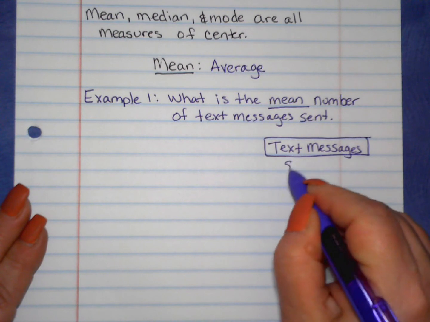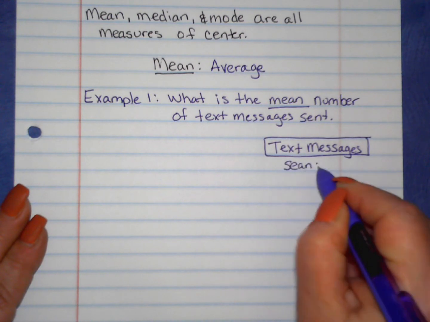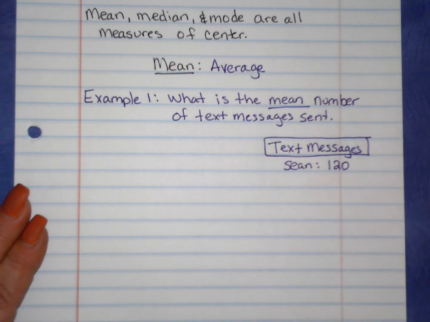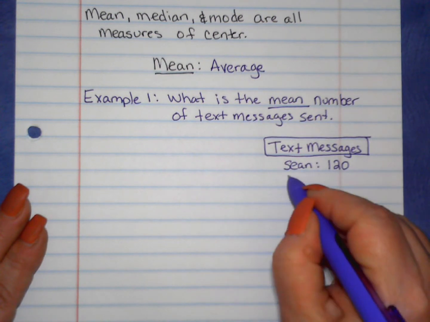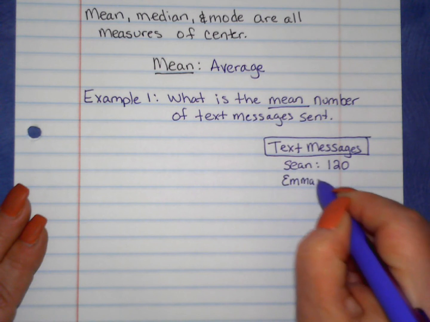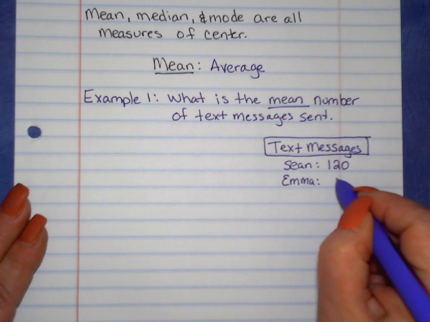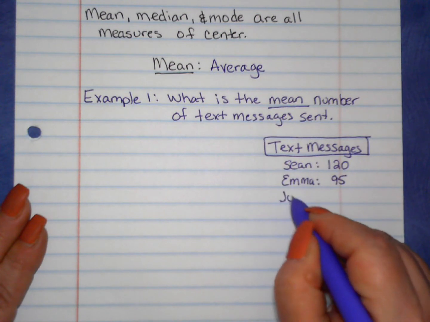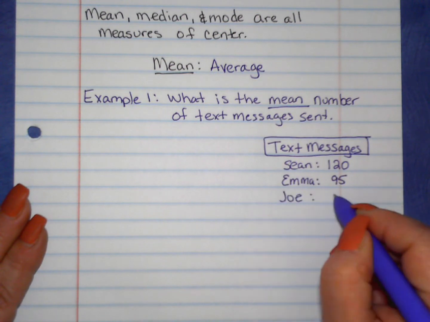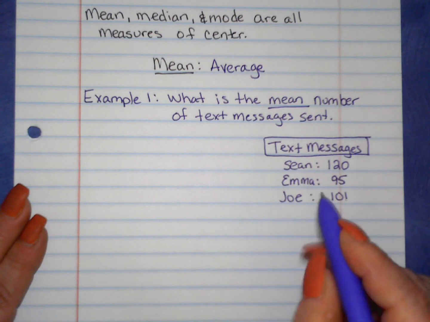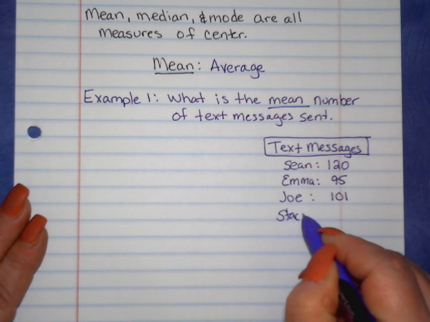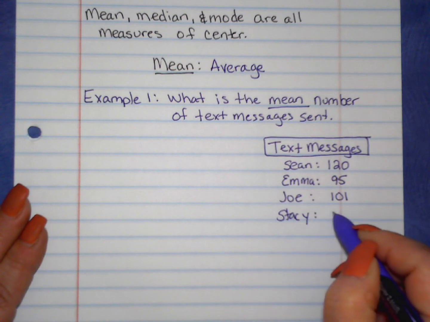So Sean sent 120 text messages. Emma sent 95. Joe sent 101. Stacy, she sent 125.